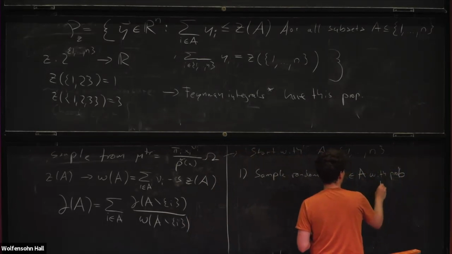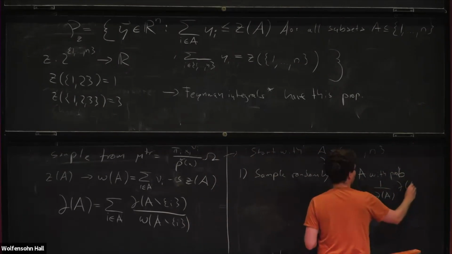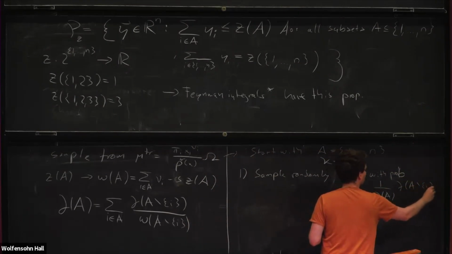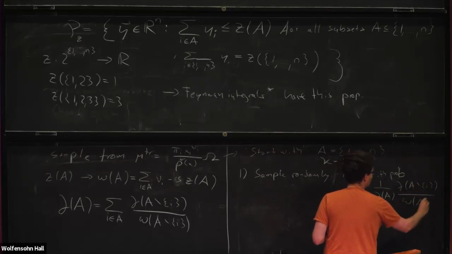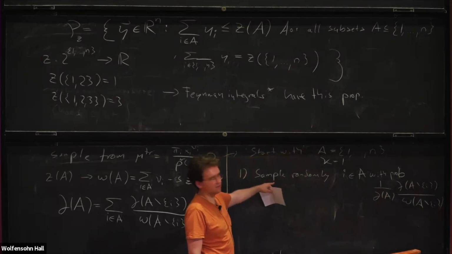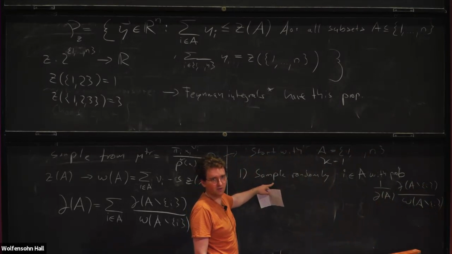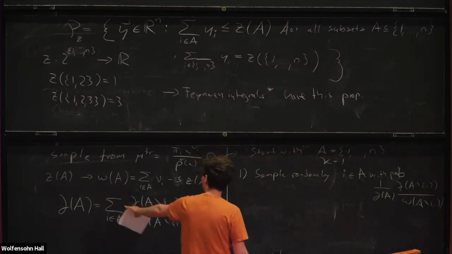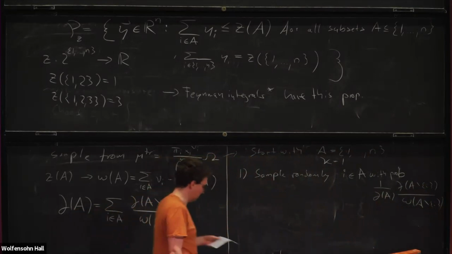So the probability is 1 over J of A, times J of A with this i removed over omega minus i. It's very easy to teach the computer to sample a random index with this kind of probability, if you stored this Boolean function in a table.